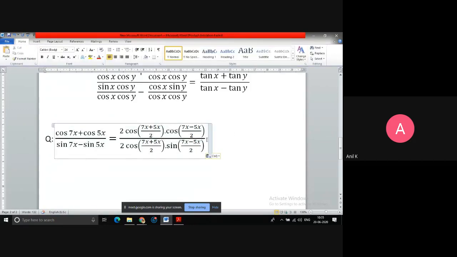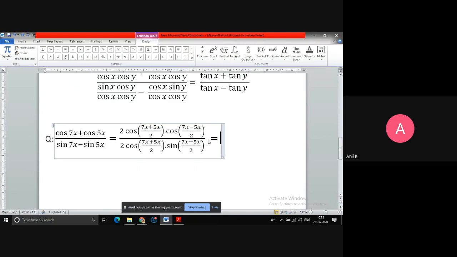If you observe the terms in the numerator and denominator, this 2 and 2 will get cancelled. Here also cos (7x plus 5x) by 2, both the terms will get cancelled.